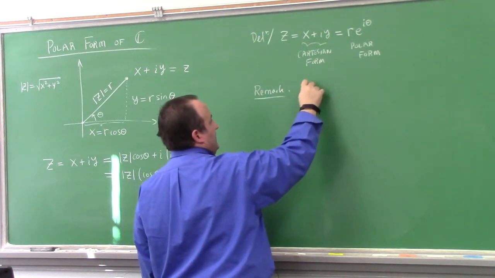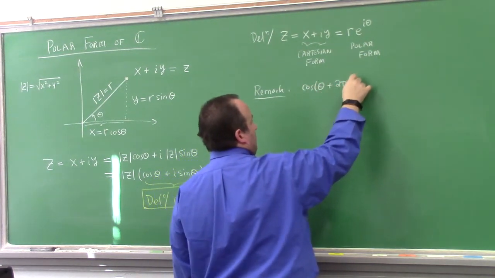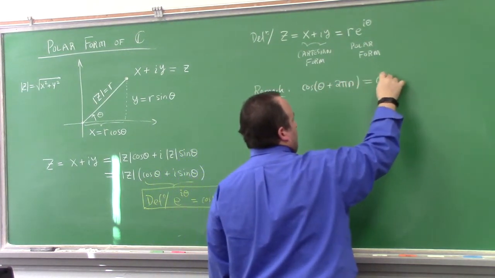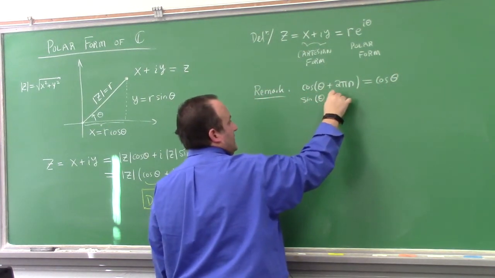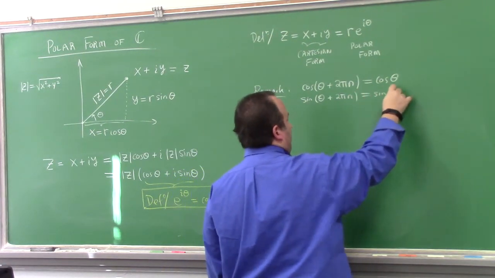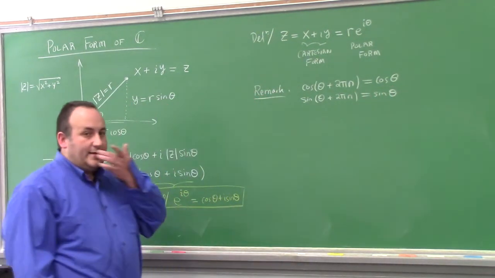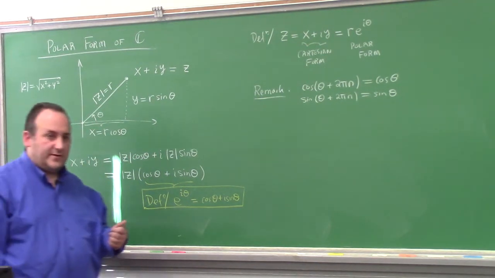we know that cosine of theta plus 2 pi n is equal to cosine theta, right? And sine of theta plus 2 pi n is equal to sine theta, right? The period of cosine and sine is 2 pi, right? They're 2 pi periodic.